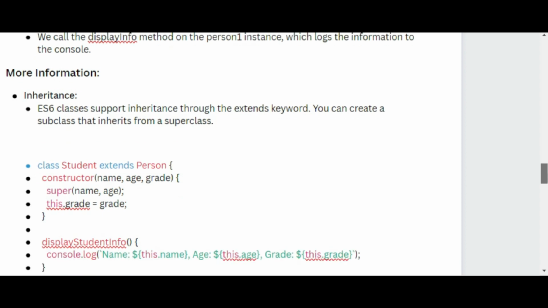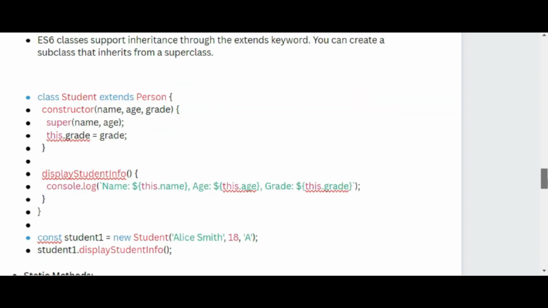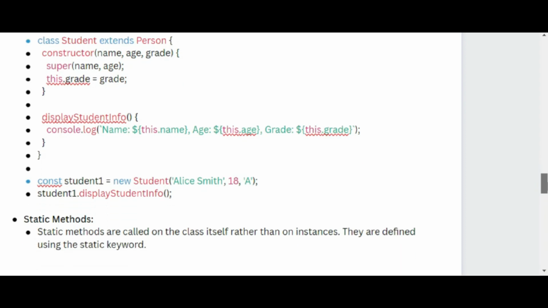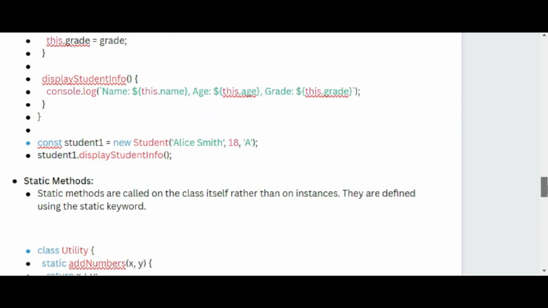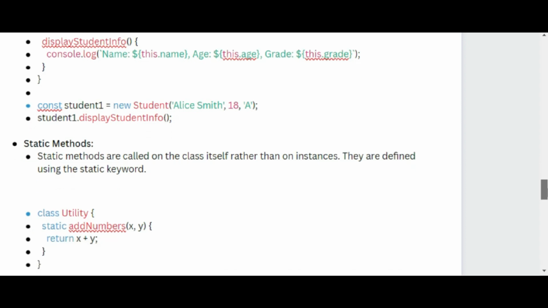You can create a subclass that inherits from a superclass, like class Student extends Person, constructor(name, age, grade), super(name, age), this.grade = grade. displayStudentInfo, console.log name: ${this.name}, age: ${this.age}, grade: ${this.grade}. const student1 = new Student("Alice Smith", 18, "A"). student1.displayStudentInfo().